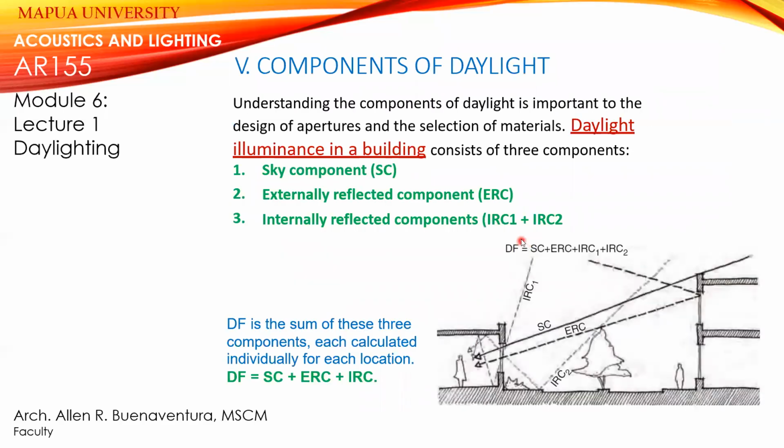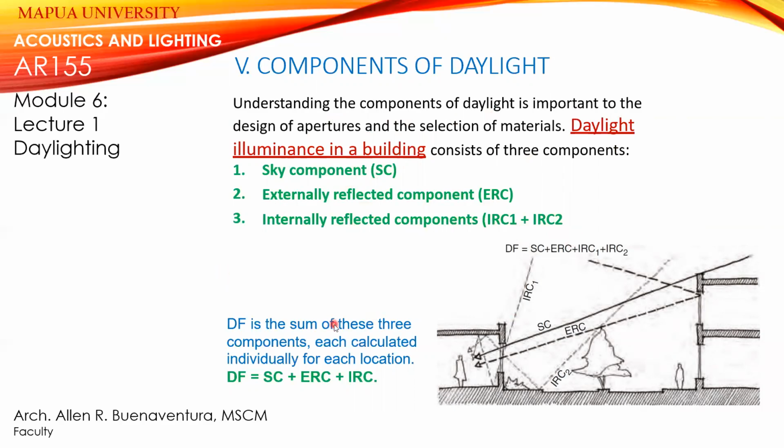So the components of daylight. Understanding the components of daylight is important to the design of apertures and the selection of material. Daylight illuminance in a building consists of 3 components. Number 1 is sky component, which is SC, externally reflected component, which is ERC, and internally reflected components, which is IRC1 plus IRC2.